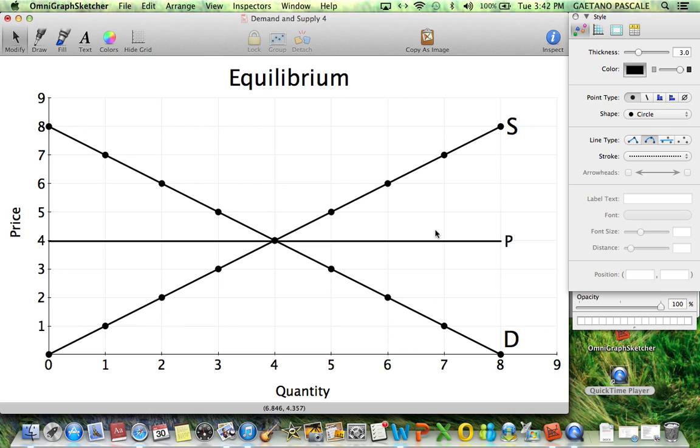The same thing needs to be said for supply. Make sure you understand what a supply schedule is and how that relates to your supply curve. Also, remember what the law of supply is. The law of supply is that there's a positive relationship between price and quantity supplied. Make sure you understand the distinction between a change in quantity supplied and a change in supply.